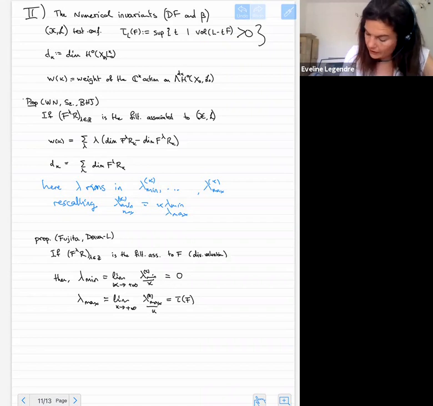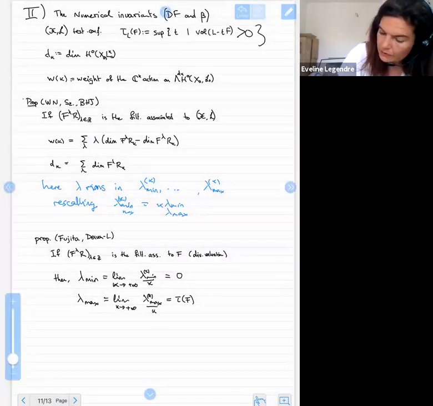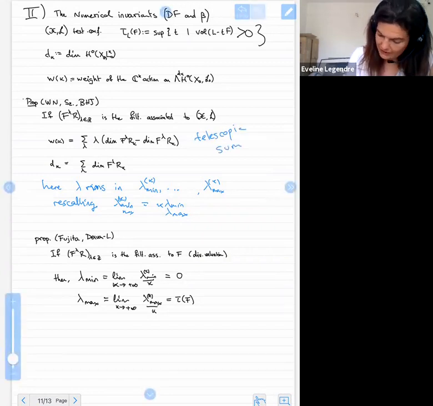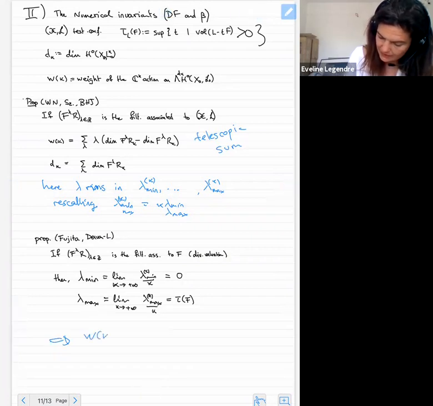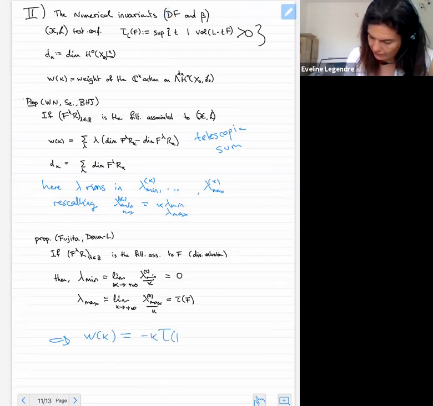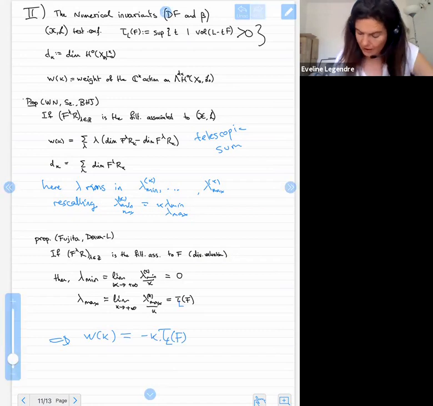Okay, so maybe something good to notice is that this weight is a telescopic sum, and thus we will be able to write it as: the weight will be minus k tau f. Of course there's this L, but because it's convex, we don't really care.